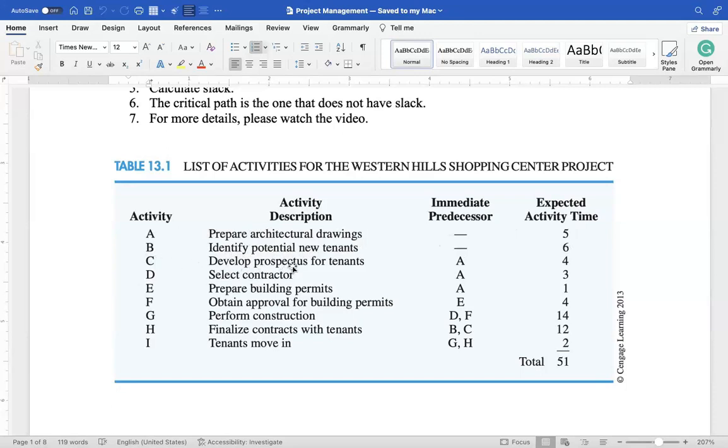Then activity C is about developing a prospectus for tenants. Its immediate predecessor is A, which means this can only be started once activity A finishes.